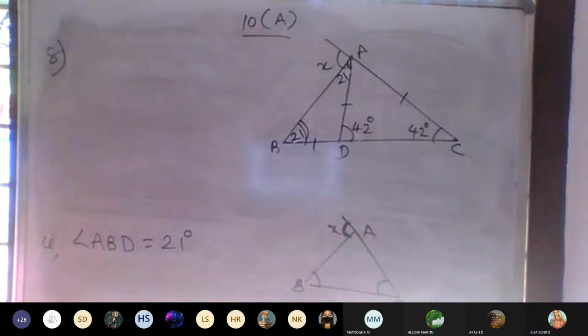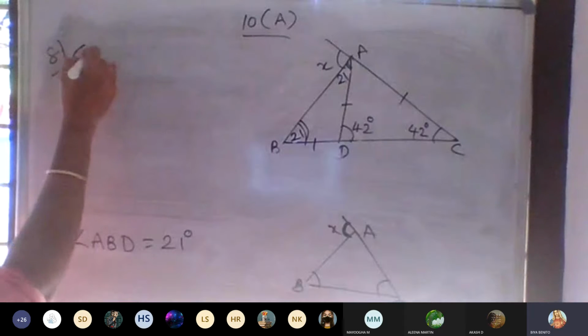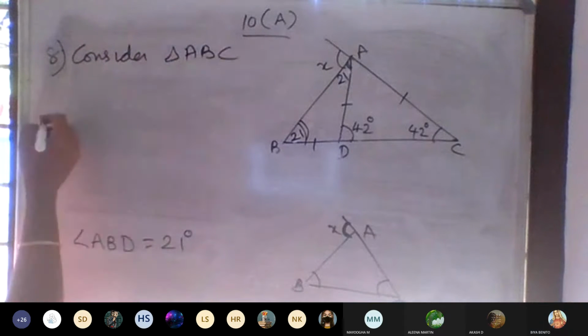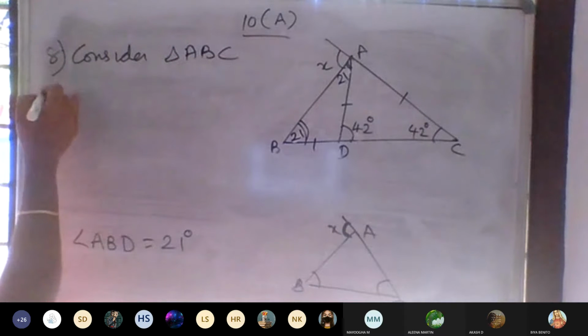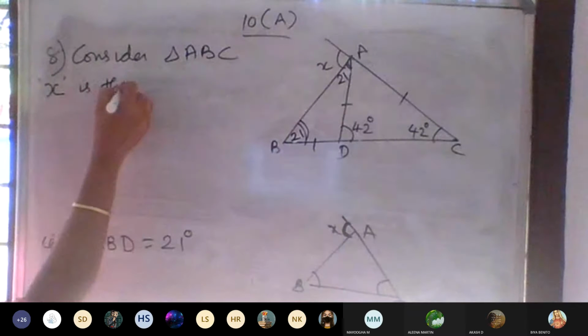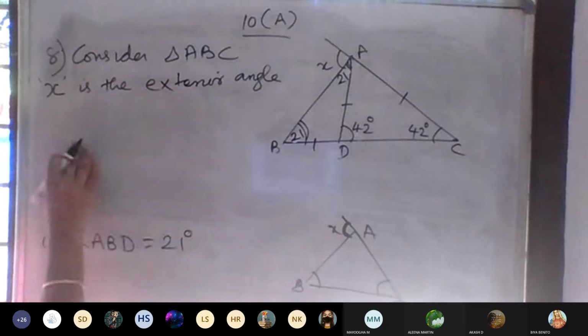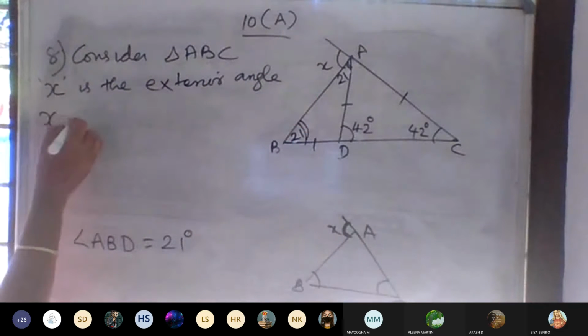Consider triangle ABC. X is the exterior angle. Therefore, X is equal to what?